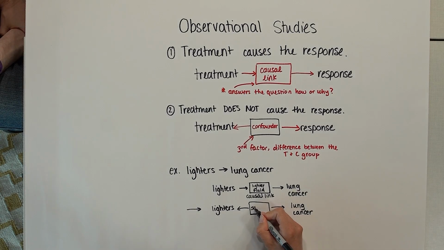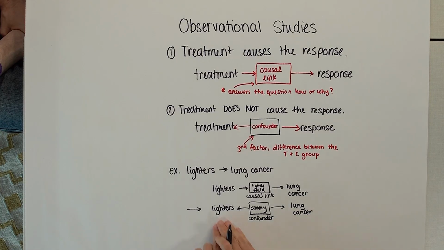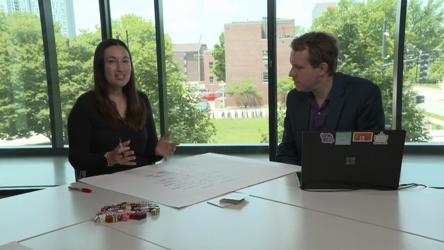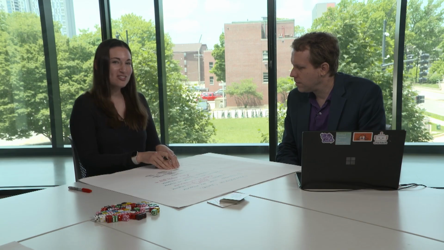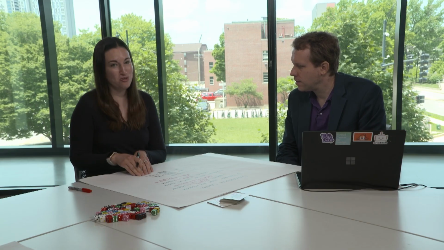We know now that smoking causes lung cancer, and if you're smoking, you're more likely to carry a lighter because you need one to smoke. So this confounder was the true cause of the lung cancer and not the lighters. Because it's also related to the treatment, it was making it look like the treatment caused the response.